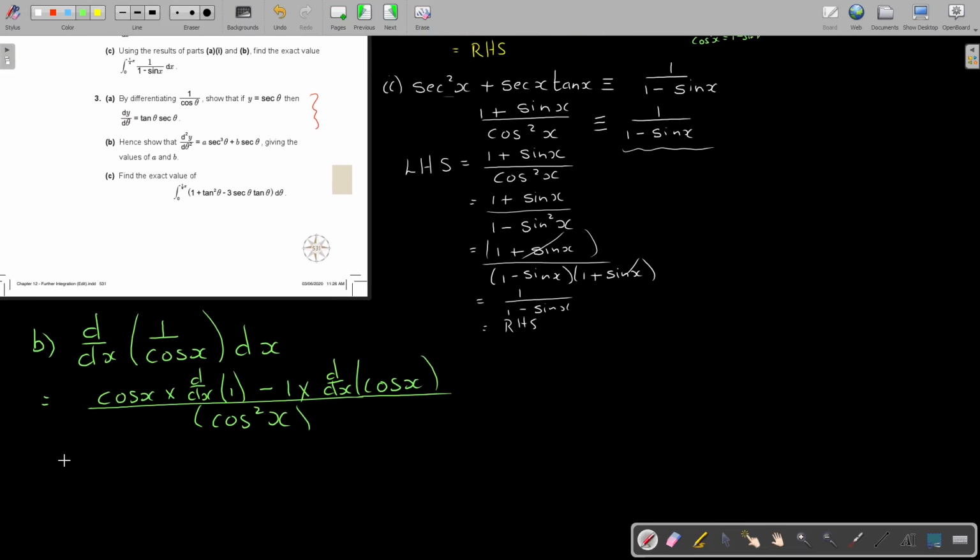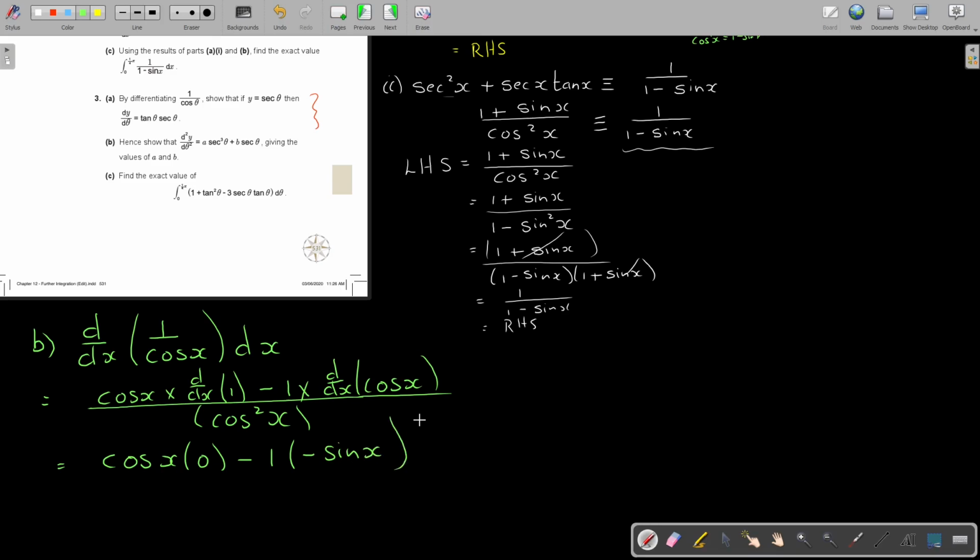Now, don't forget, if you differentiate a 1, a constant, it's 0. So it's actually going to be cos x times 0, minus. And then what happens with cos x? Remember, it's differentiation, so it's going to be negative sin x.